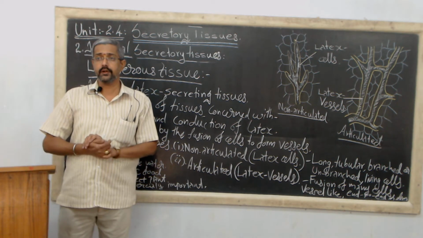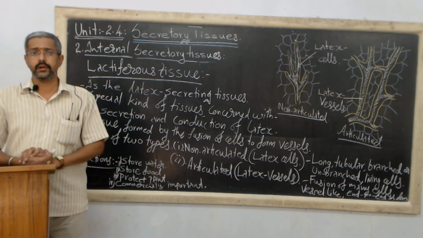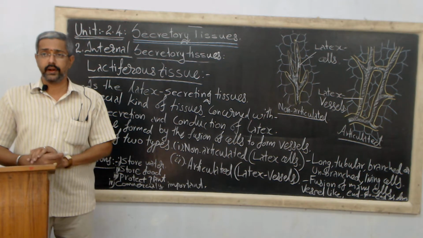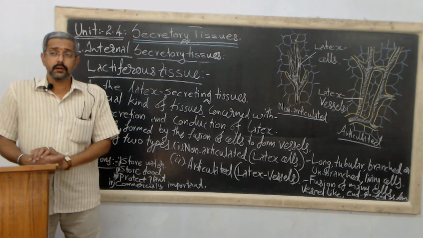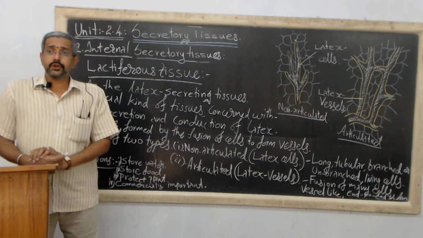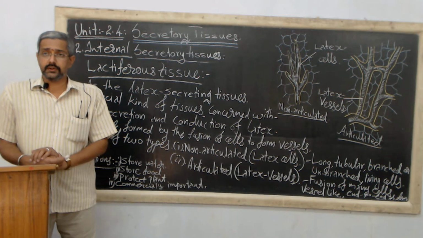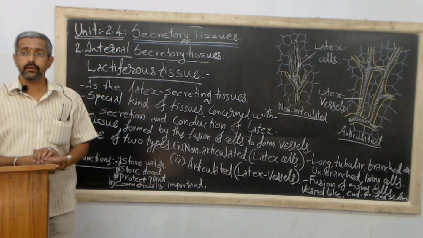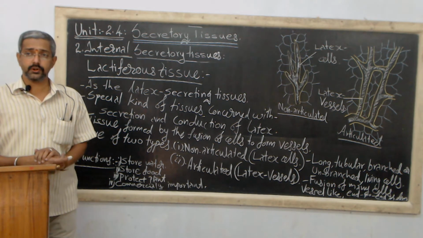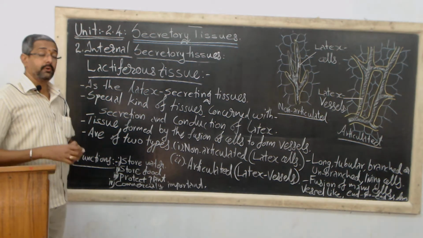So the secretory tissues are concerned with the segregation or excretion of waste materials or elastic substances in plants, which are produced during metabolism.